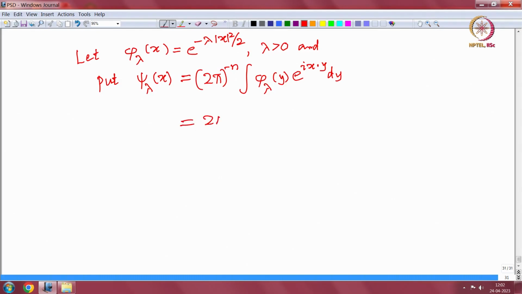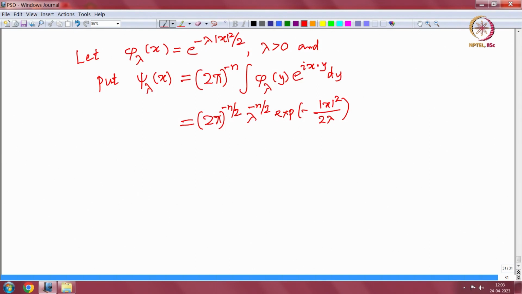Just 2 pi to the power minus n by 2, one half part is taken here. So you get lambda to the minus n by 2 times the exponential of minus mod x squared by 2 lambda. Those of you who have studied the heat kernel, it is the heat kernel, and the role of t is played by lambda here. That is the only difference. So it is exactly the heat kernel if you have studied it.